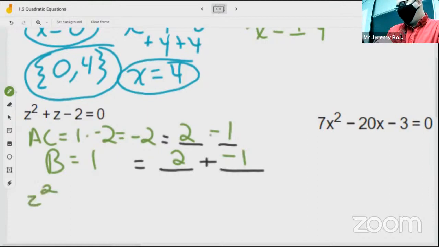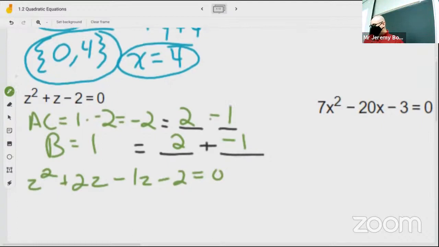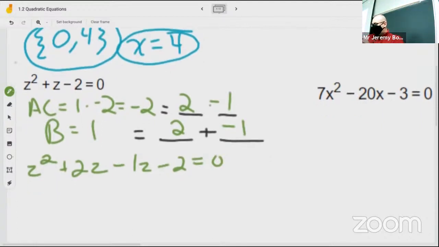It would be z squared plus 2z minus 1z minus 2 equal to 0. Well, I guess you don't have to do it this way, but we'll keep going, because if the a term is 1, you already have a factor from there. But what can we factor out of this pair? There's a z.